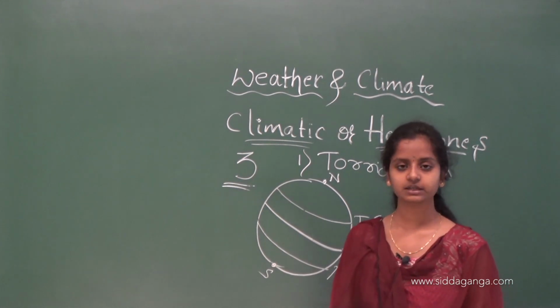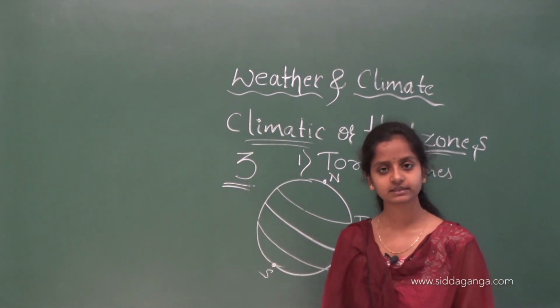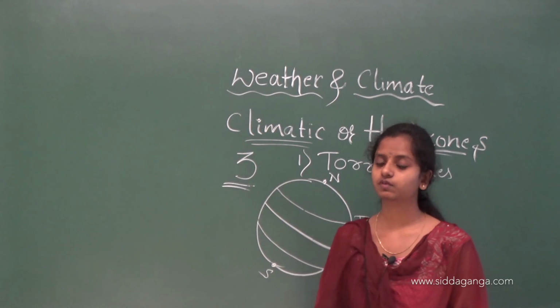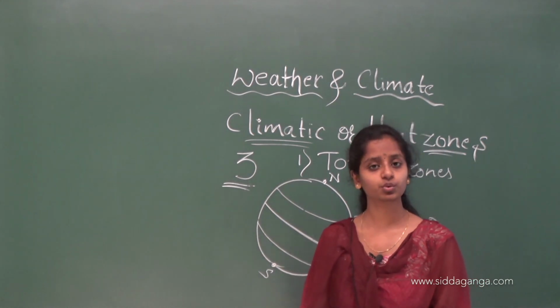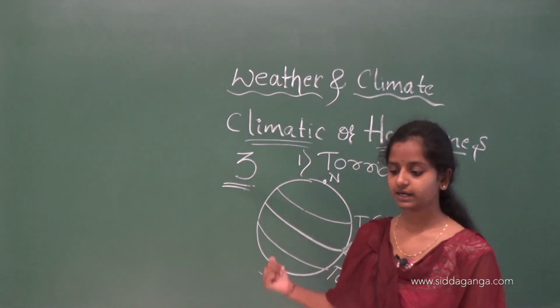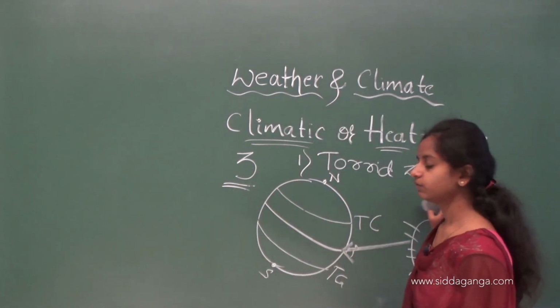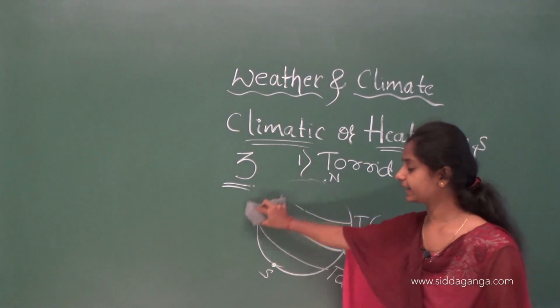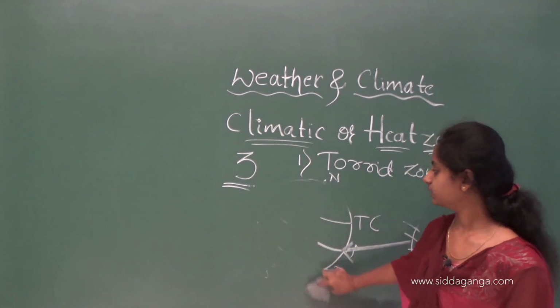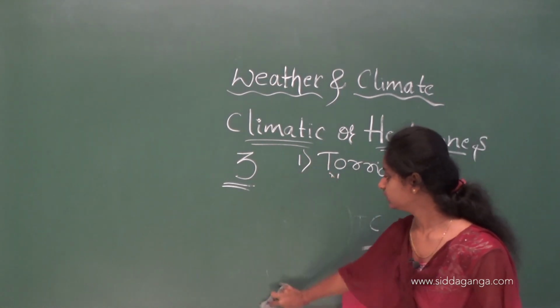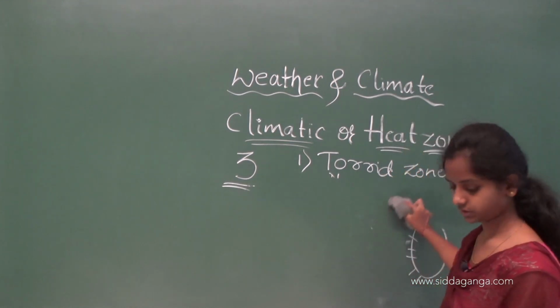Because they are nearer to the equator, and at the equator sun rays fall vertically, which leads to more heat. That is why they experience heat and humidity throughout the year. So, this is about the torrid region.